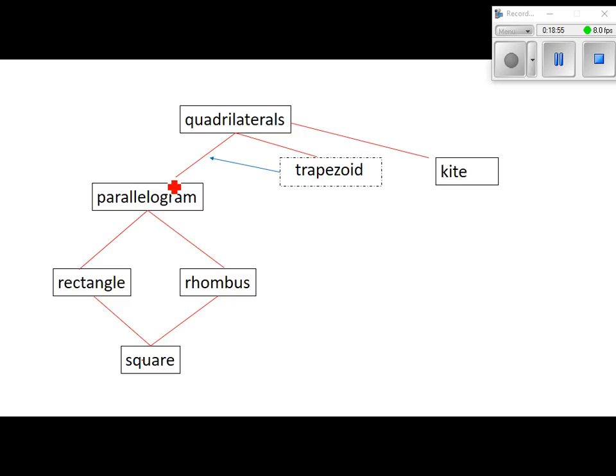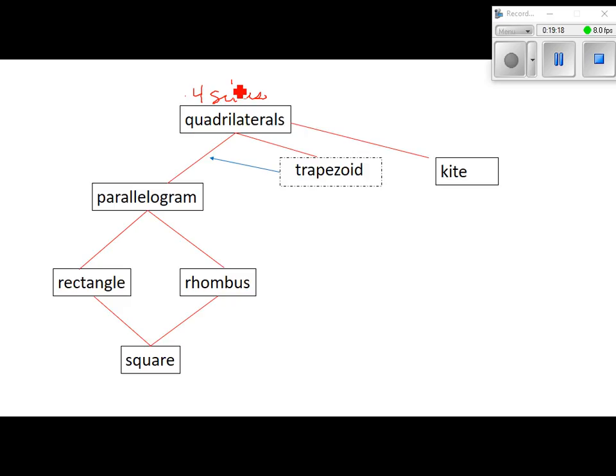All right, in our chart here, remember to use this chart, you're just going to start here at the top, and when it's asked you to give the best or most descriptive name for a shape, you're just going to go through this whole chart. To show something's a quadrilateral, that's always the first thing we're going to do. Well, the only thing that has to be true for it to be a quadrilateral is it has to have 4 sides.